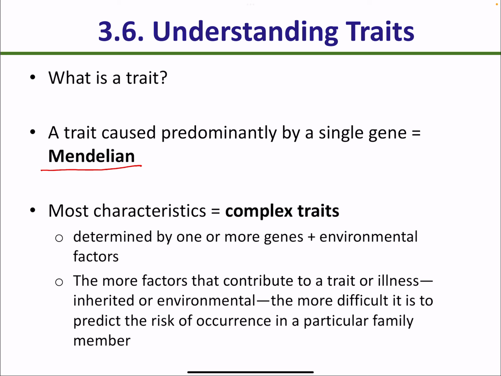For sure, most of the features that we see in our body are controlled by either multiple genes or combinations of multiple genes and environmental factors. The more factors that contribute to a trait or illness, the more difficult it is to predict the risk of occurrence in a particular family member.